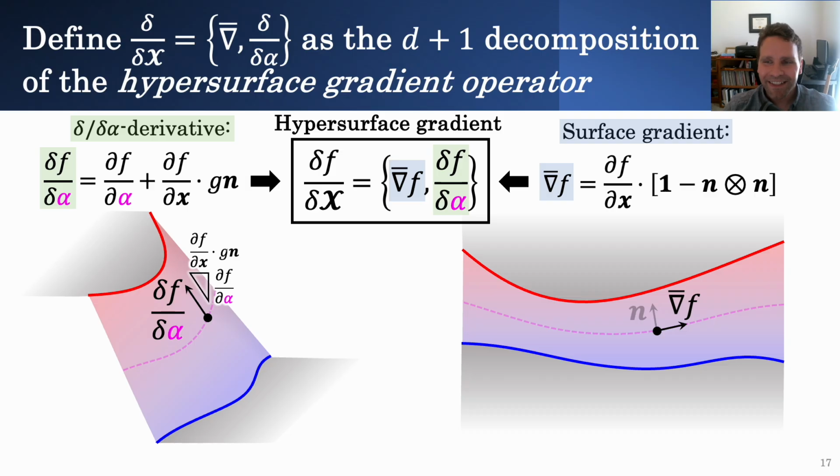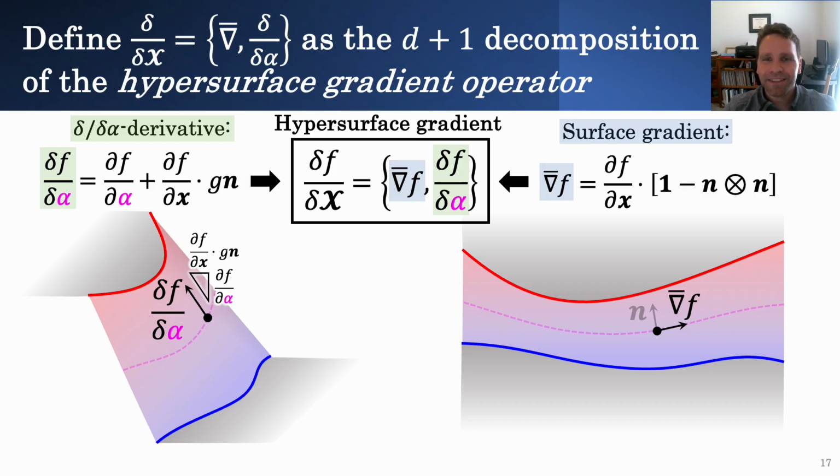So in that sense, it is like a total derivative, but it's its own distinct thing. Nonetheless, I wanted to point that out just to emphasize that the delta alpha derivative is not the partial derivative with respect to alpha. It's a distinct quantity.